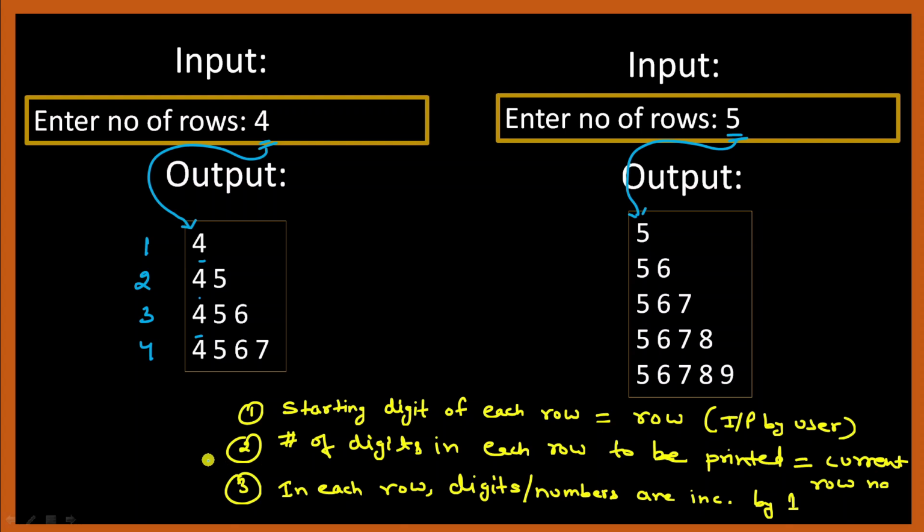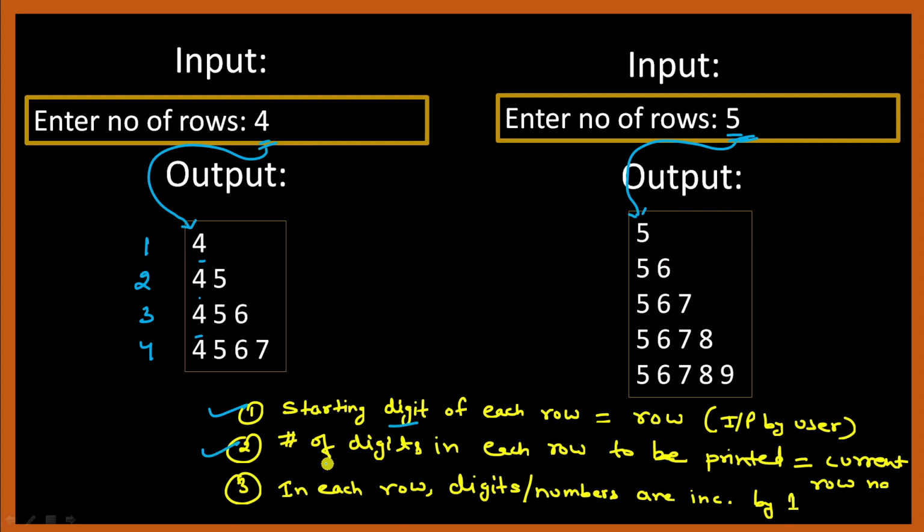So the starting digit of each row is equal to the row variable given by the user. If we consider 1 to 9 as digits, and 10, 11 as numbers, you can say starting digit or starting number, that is your choice.